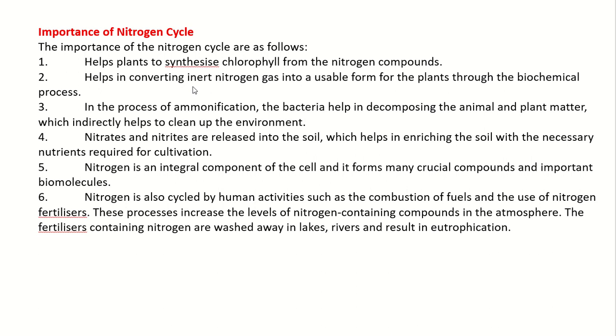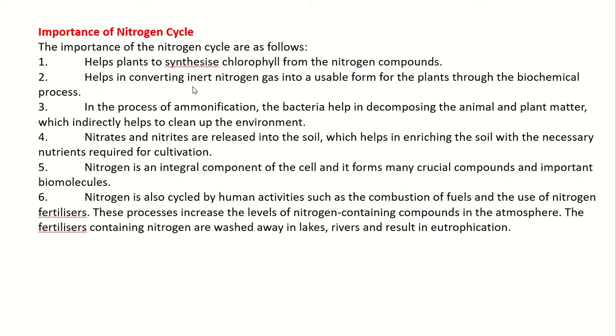Nitrogen is also an integral part of many plant cells and it forms crucial compounds that you know very well: all nitrogenous compounds, alkaloids, amino acids, proteins, nucleic acids. Nitrogen is also cycled by human activities such as combustion of fuels and use of nitrogen as a fertilizer.